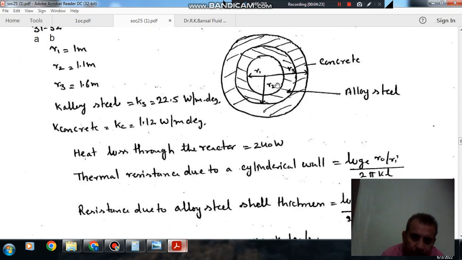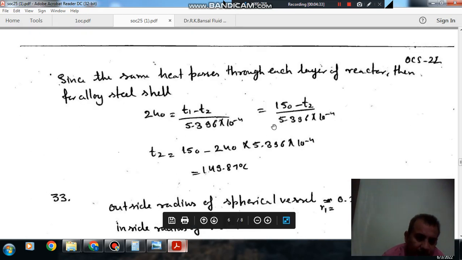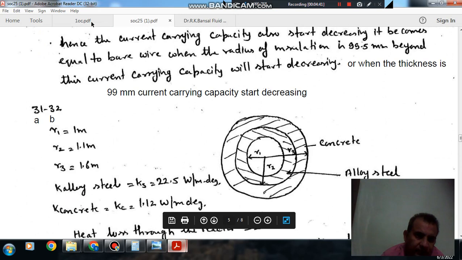When we take the temperature difference from the inner surface to the outer surface, we take the total resistance. When we take the temperature difference from the inner surface to the interface, we take the alloy steel resistance. So T2 will be 149.87 degrees Celsius. So the answer to question number 31 is A and 32 is B.